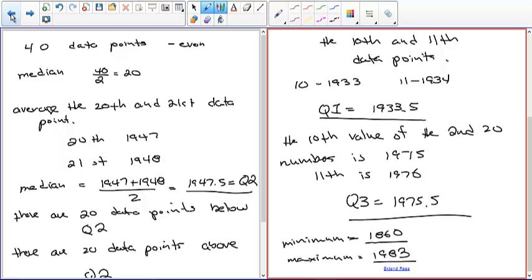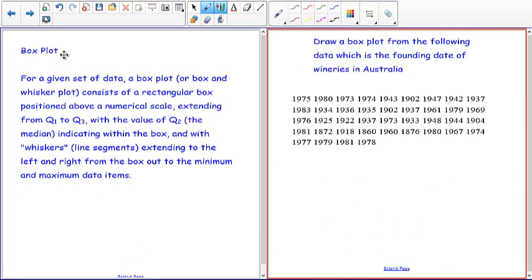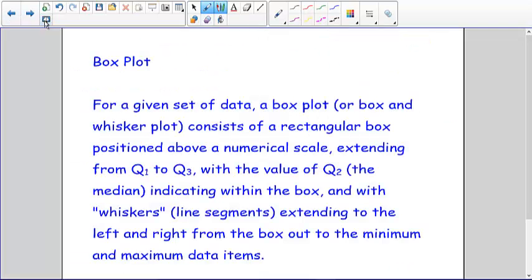So here are the rules for box plots. It says for a given set of data, a box plot or a box and whisker plot consists of a rectangular box positioned above a numerical scale extending from Q1 to Q3, with the value of Q2, the median, indicated inside the box, and with whiskers, line segments extending to the left and right from the box out to the minimum and maximum data values.